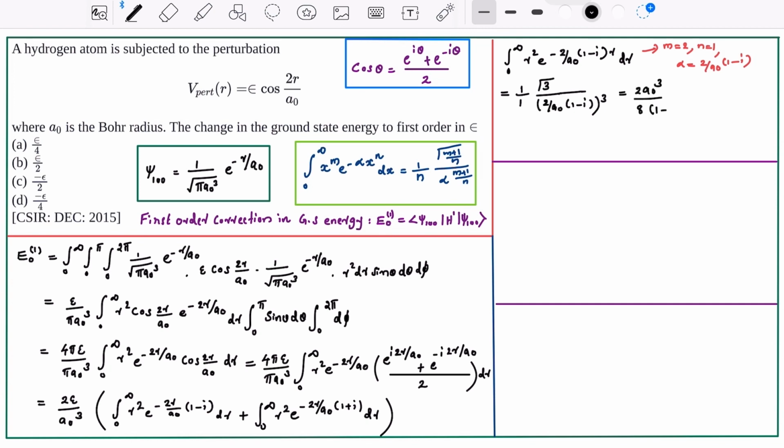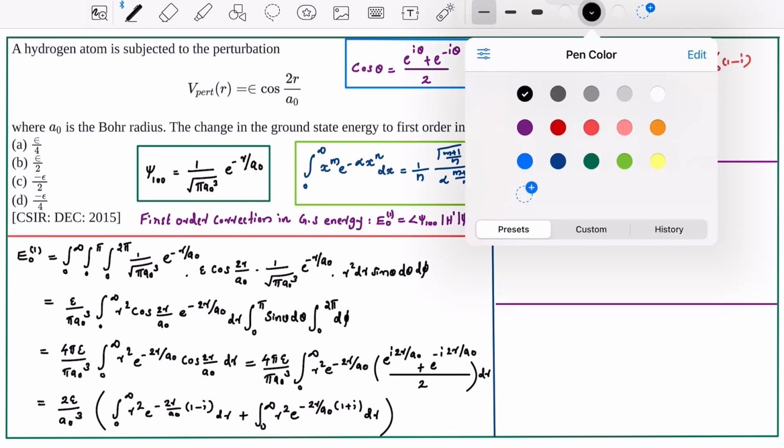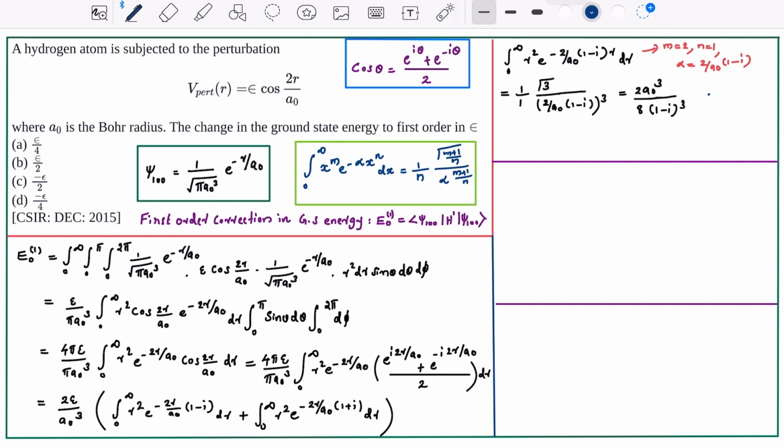Now gamma 3 is 2 factorial, so this is equal to 2 A0 cubed divided by 8 into (1 minus i) whole cubed. If we evaluate (1 minus i) whole cubed, you will get the answer as minus 2 minus 2i.